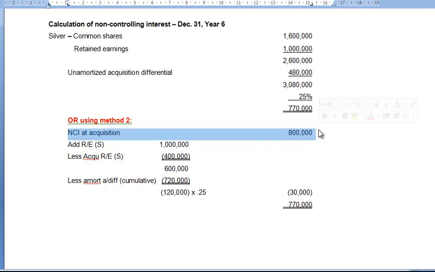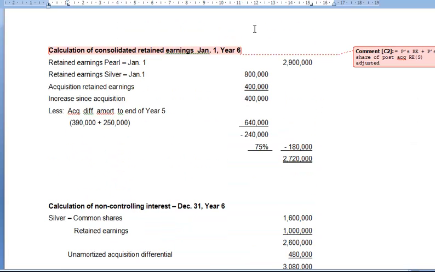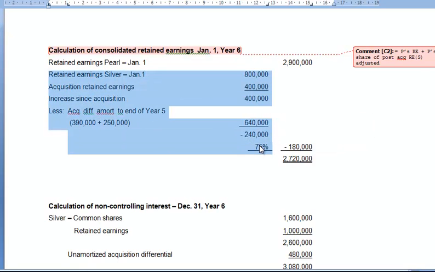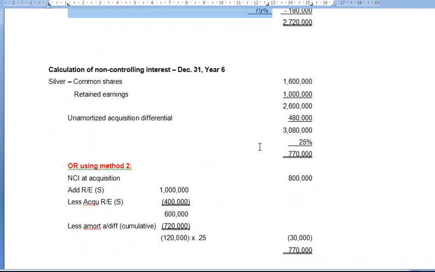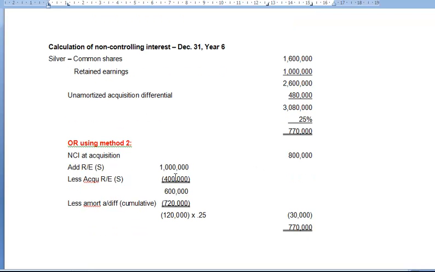So just as we calculated up here when we were calculating the post-acquisition retained earnings of the sub and allocating 75% of it to the parent, what we're going to do here is we're going to calculate for the NCI, the post-acquisition retained earnings of the sub, all right, at this date.